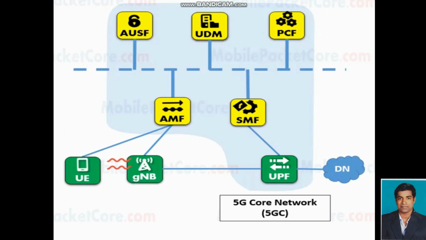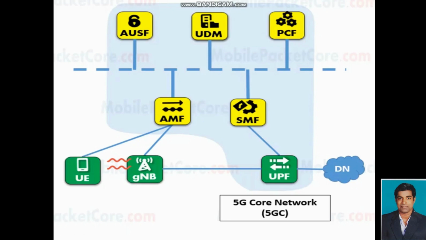Once the iSIM mobile devices are considered as user equipment, after doing all the registration process and authentication process with the AMF, that means Access and Mobility Function unit. In the previous 4G network, we had MME, Mobility Management Entity.